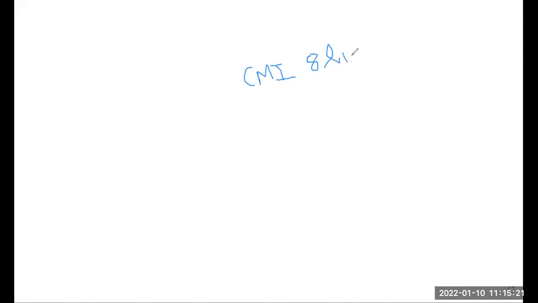So this is the general format, CPI and the 8-bit data. Let's say we mention CPI and the 8-bit data, let's say 25H, like this.